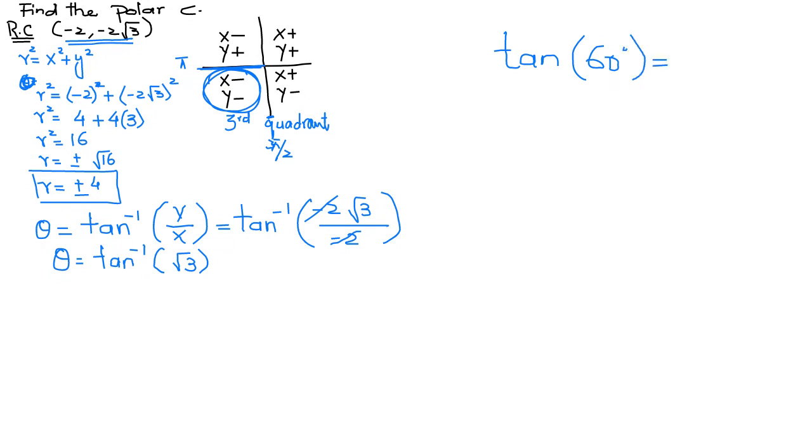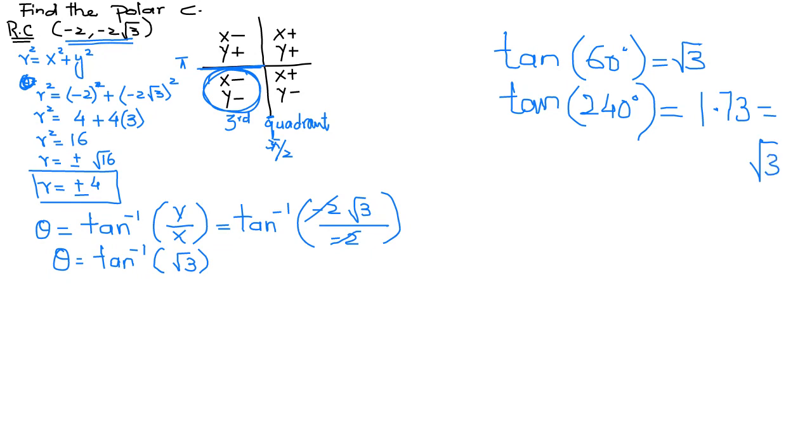Tangent of 60 degrees is equal to square root of 3. Can you check the tangent of 240 degrees? What is the value? 1.73, which is equal to square root of 3. And tangent of 60 is also 1.73.